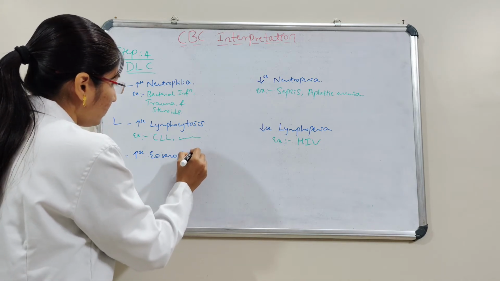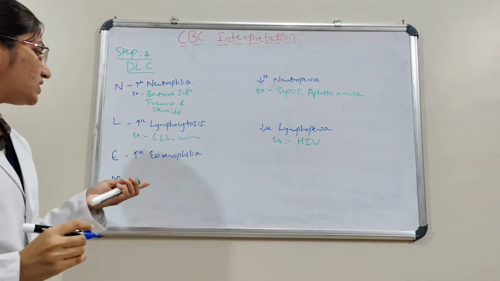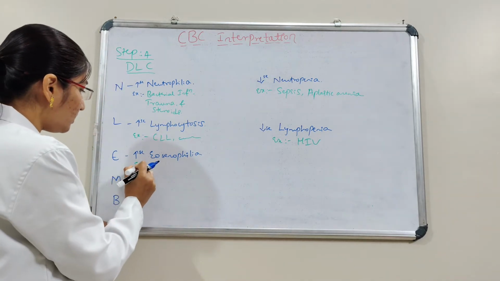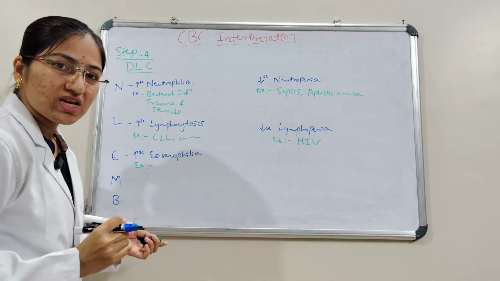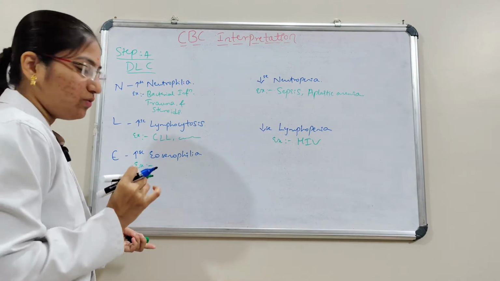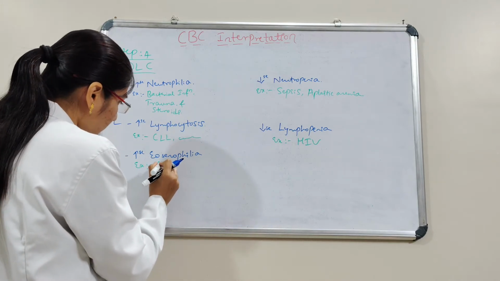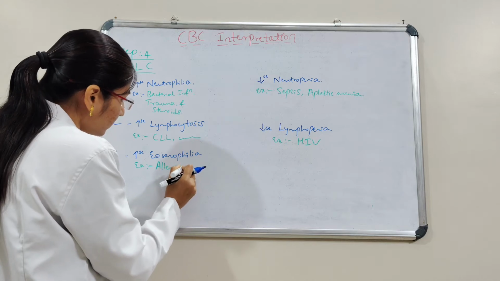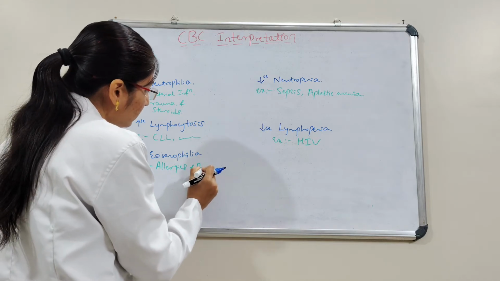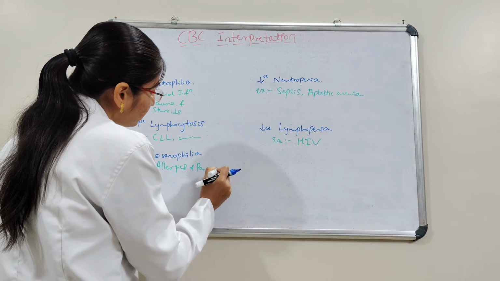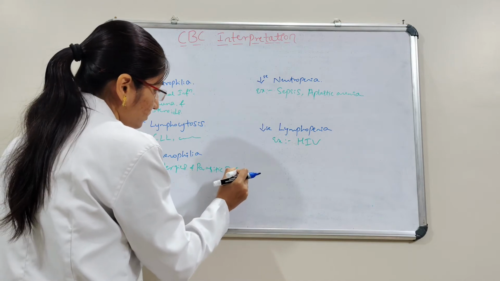If the eosinophil count is increased, it is called eosinophilia. We can see this condition in allergies and parasitic infection.